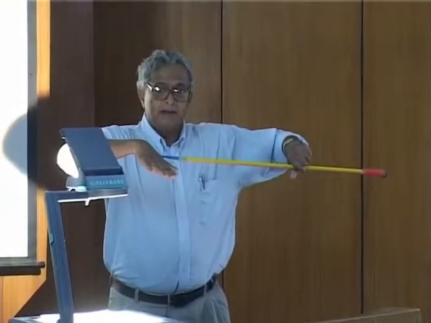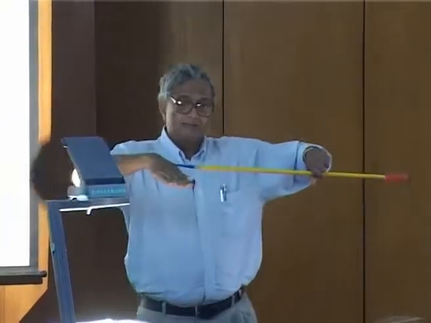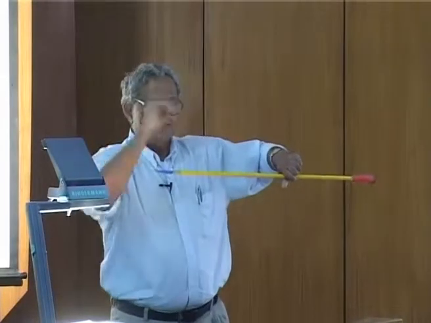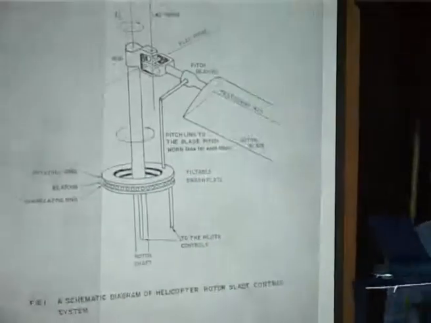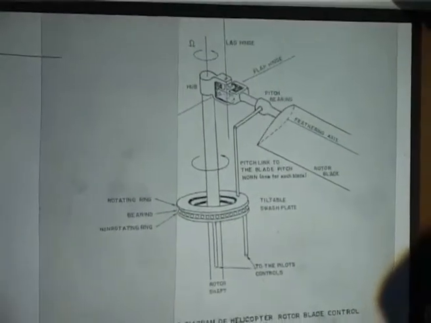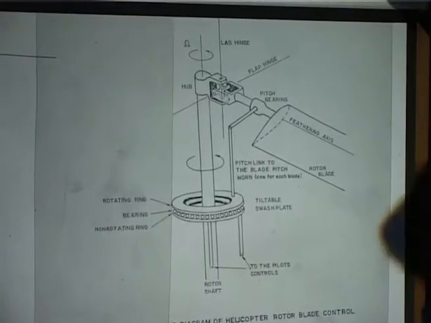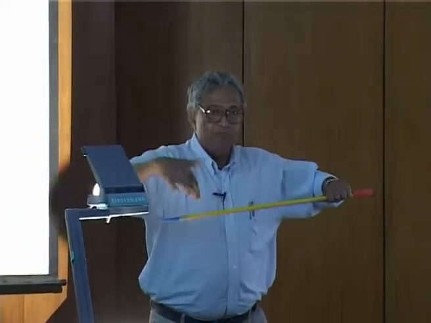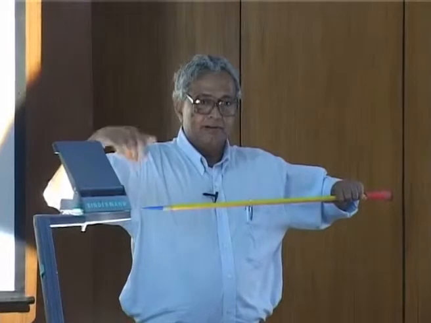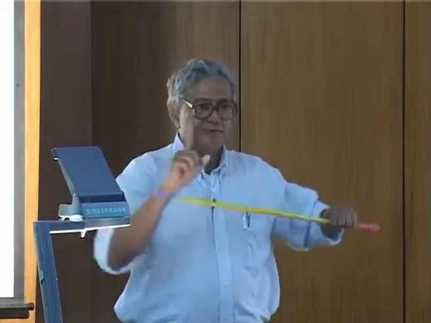Now, as the blade goes round and round, what happens? This control rod keeps going up and down. And it goes up and down in one cycle, so we call it 1 per revolution.